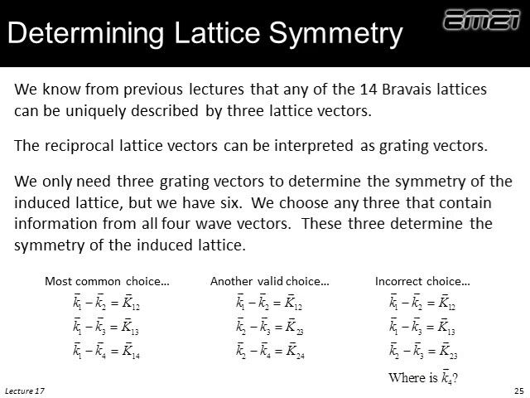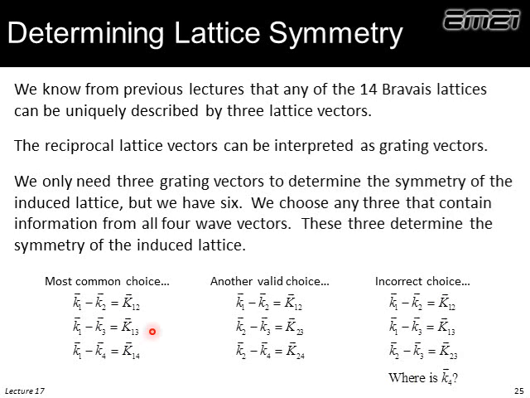It turns out we only need 3 of them to determine the symmetry of whatever it is we're making. The rule is, though, the 3 that we choose have to include information from all 4 wave vectors. As long as that's the case, the 3 grating vectors we've chosen will be the primitive reciprocal lattice vectors of the lattice that we would be making by this holographic lithography process.